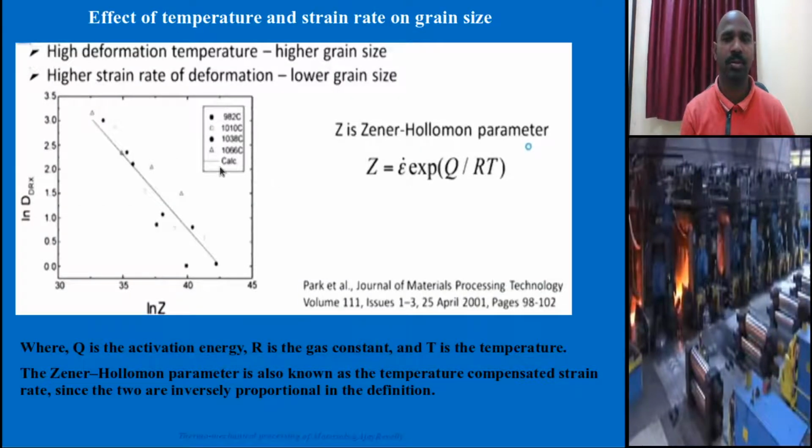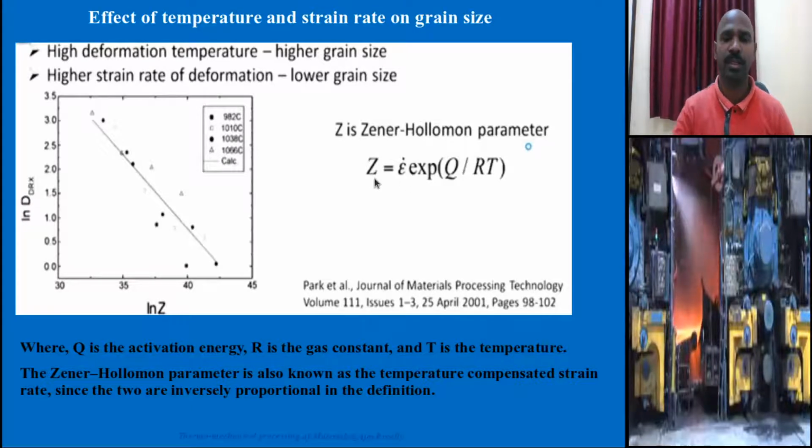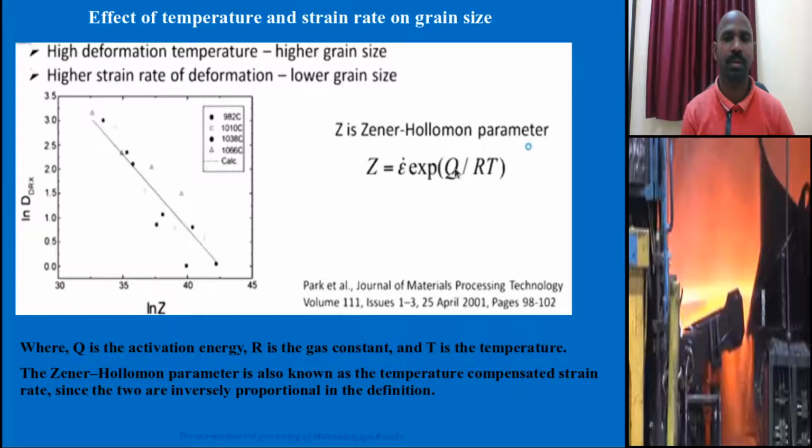Now the combination of scientists Zener and Hollomon developed a parameter called Z, which is related to the strain rate. In the Zener-Hollomon parameter, epsilon dot is the strain rate, Q is the activation energy, R is the gas constant, and T is the temperature.